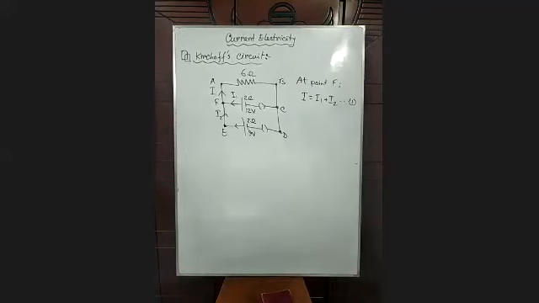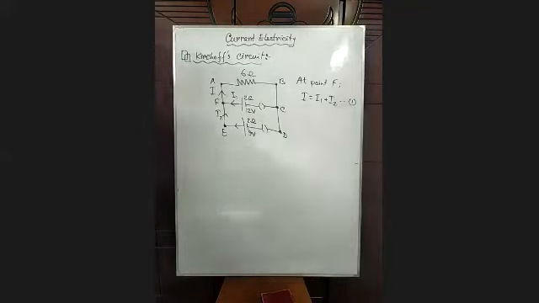Okay, then I am going for the second Kirchhoff's law, which says that if I sum all the products of current and its individual resistance, we will get the electromotive force of the circuit.